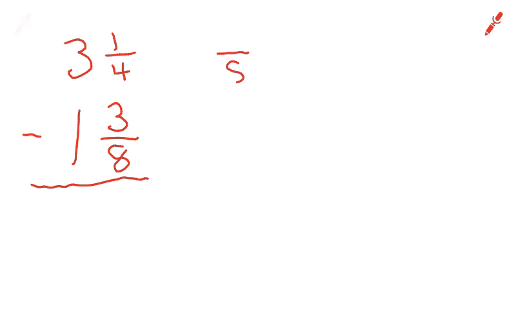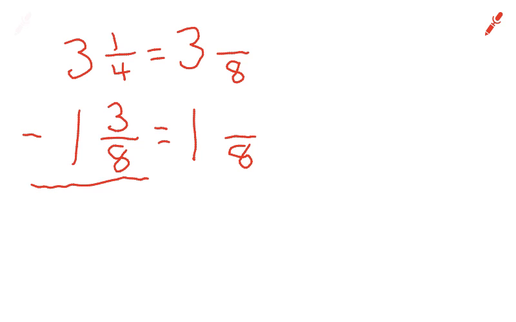So I'm going to make an 8 here, and an 8 here. I'm going to bring over my whole numbers, the 3 and the 1, and put equal signs here, because whatever we make over here is going to equal the original problem.